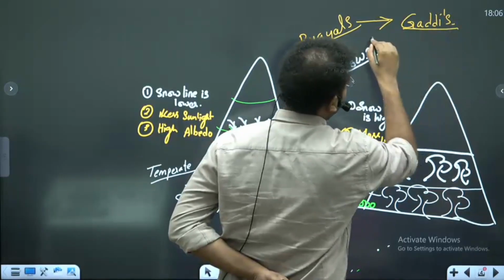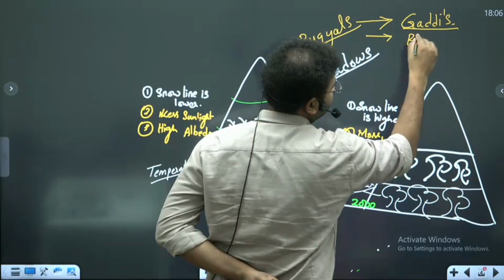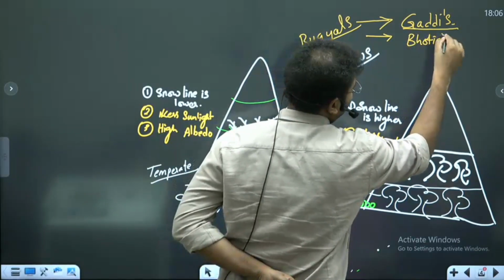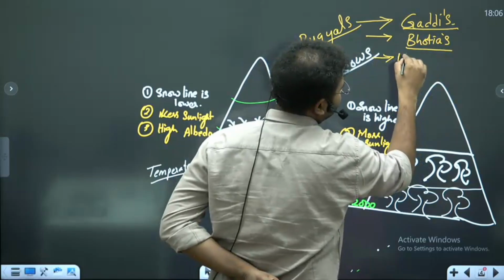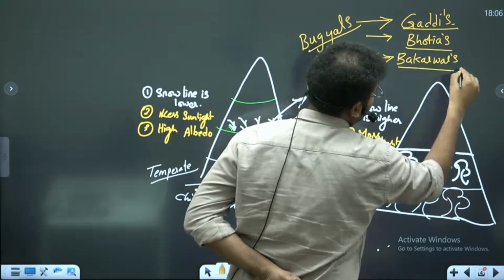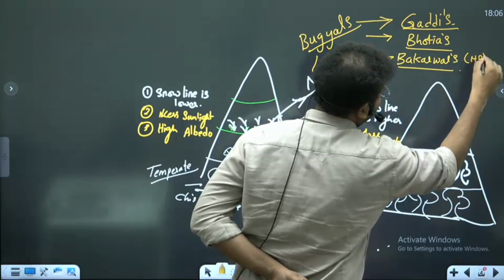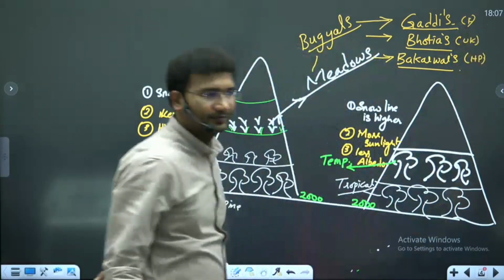Gaddis. And in Uttarakhand, Bhotias. In Himachal and Kashmir, it is this. This is in Himachal. Uttarakhand. This is in Kashmir also.